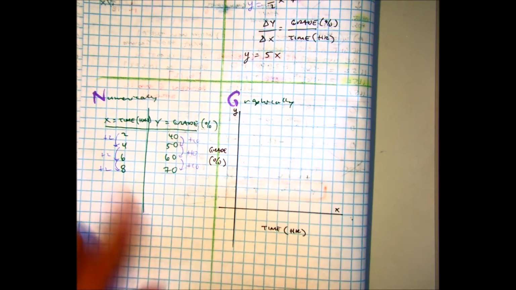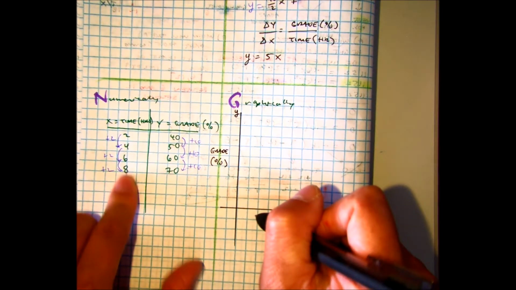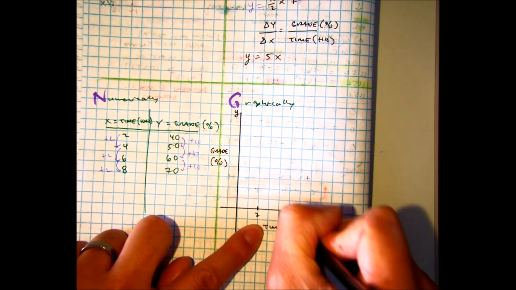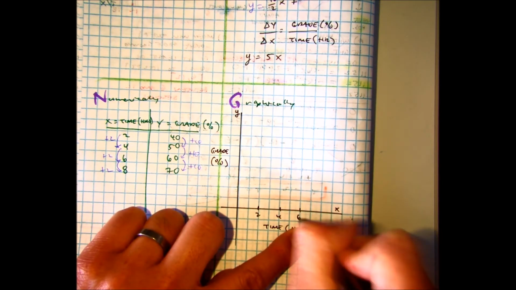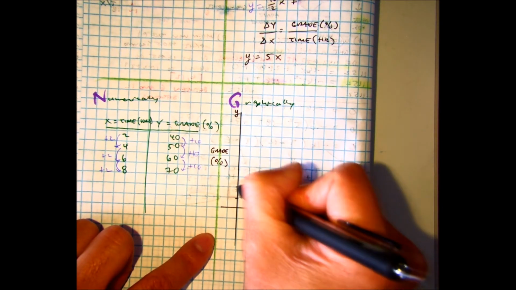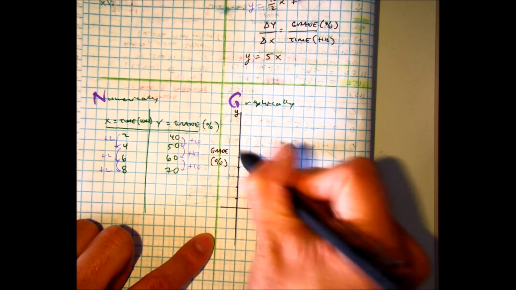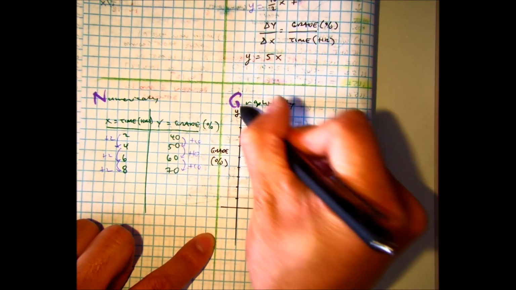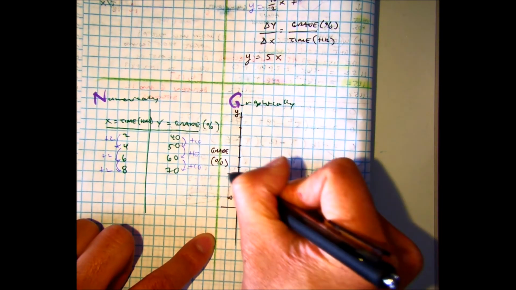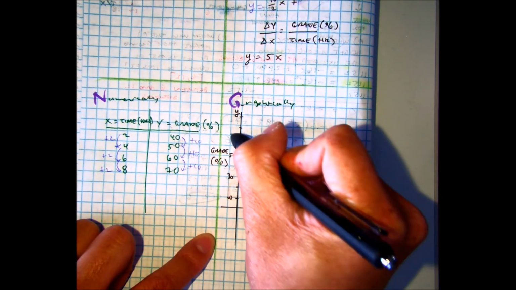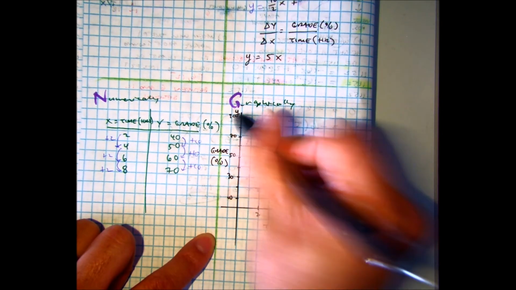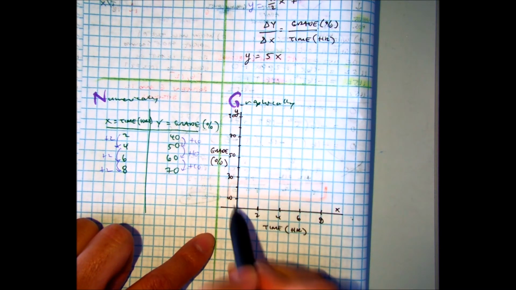So here I'm just going to use our table 2, 4, 6, 8. And maybe I'll count by tens. 10, 20, 30, 40, 50, 60, 70, 80, 90, 100%. So counting by tens. So each of my tick marks represents 10.